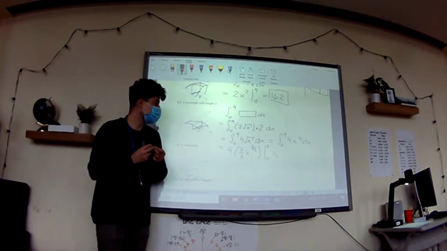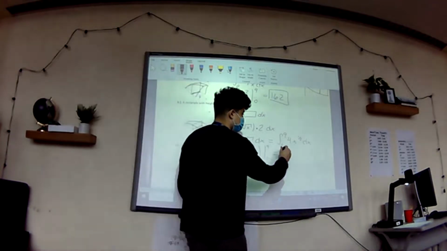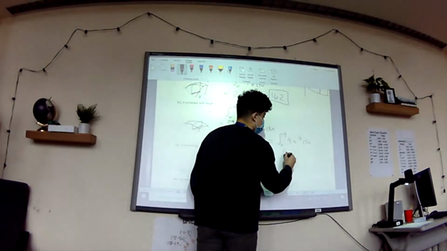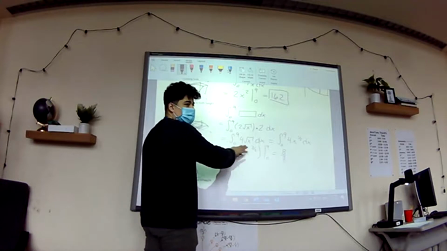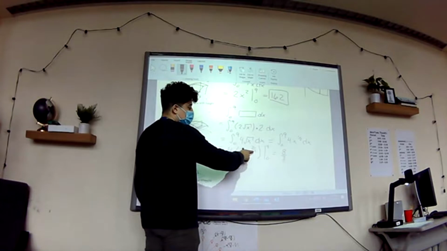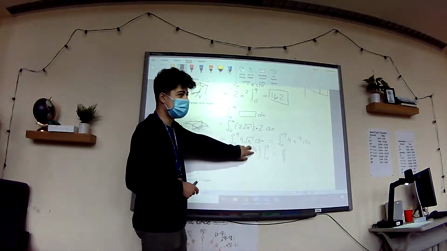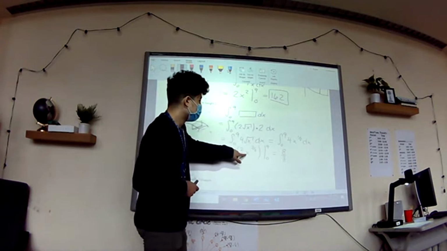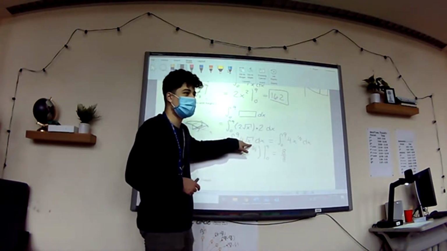Okay, and then let's plug in our things. Let me do two things at once. 4 times 2/3 is just 8/3. And when I plug in 0, I'll just get 0, so I'm not even going to worry about that. When I plug in 9, though, I will get 9 to the 3/2. Remember what that means is you take 9, you take the square root of it, and then you cube it.